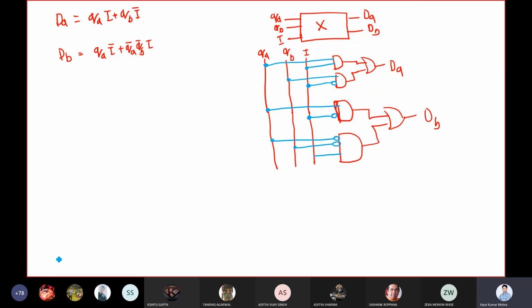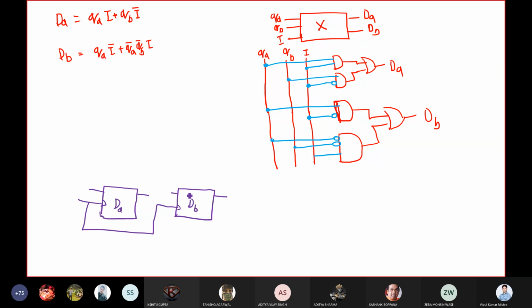Now I will make the final circuit. Here we have our first flip-flop, you can say DA, and our second flip-flop, you can say DB, right? You have outputs QA and QB, inputs DA and DB, and here we have the clock, which is commonly connected together. Now I'll say I have an X circuit here.